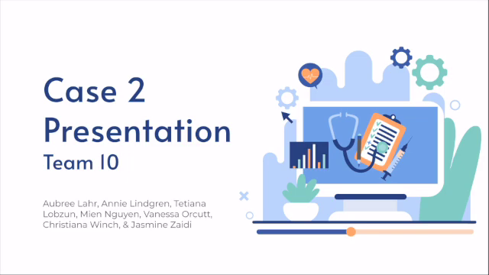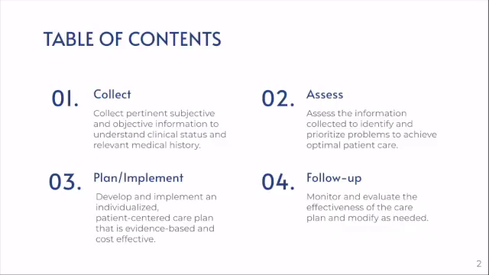So, just as a table of contents, we split our case presentation into 4 sections for organization. The first part will be collecting pertinent subjective and objective information to basically just understand the patient's current situation. Then we'll be moving on to assess, where we'll be evaluating the information that we collected from the prior step.